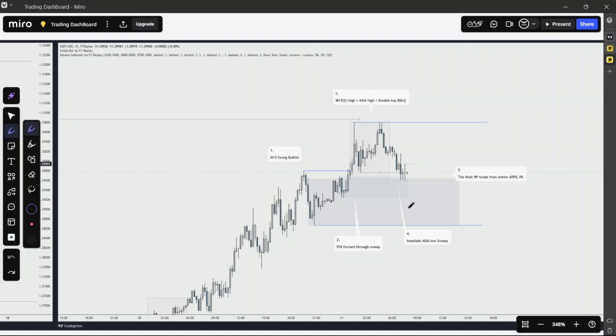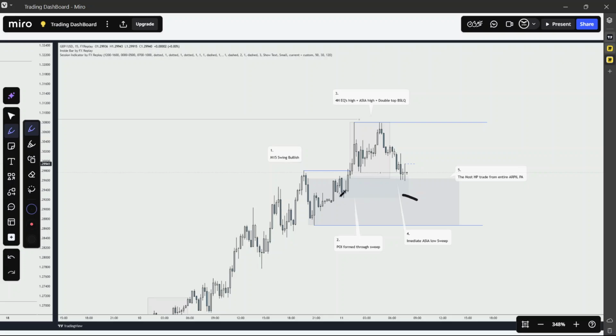This is the structure that we wanted to see, and according to the framework that we follow, we came into the premium of this range and mitigated this POI, not just this, but the mitigation of this M15 POI.